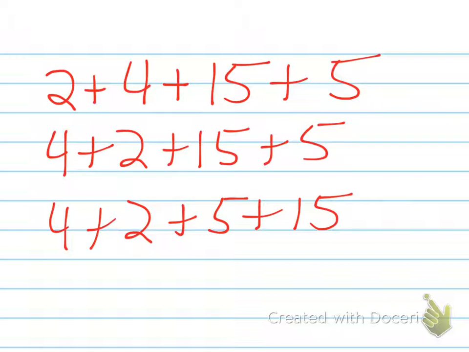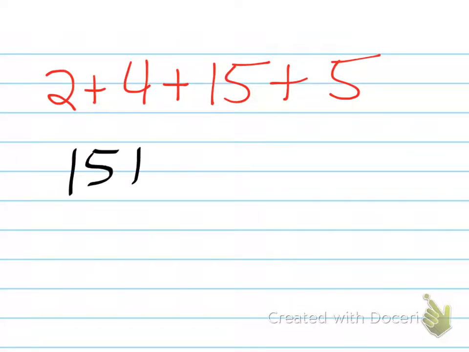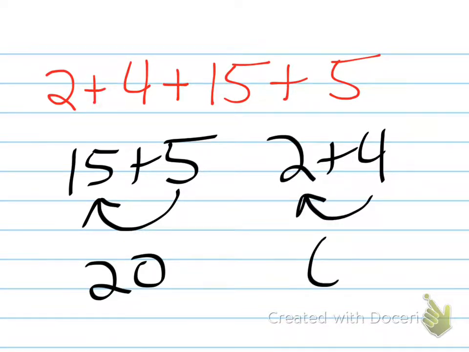So, if I was solving this in my head using mental math, which you're going to have to do in class, I would rearrange it to where I'm doing 15 plus 5 first, because I know 5 plus 15 gives me 20. And then I would do 2 plus 4, which is 6. And then I would add them, and I get 26. So I use mental math, and I use the commutative property to make it easier for me.